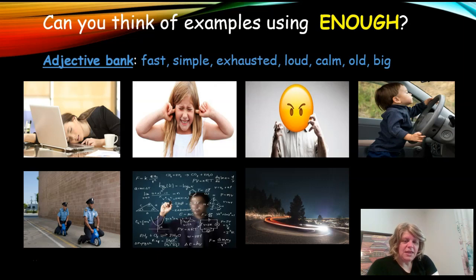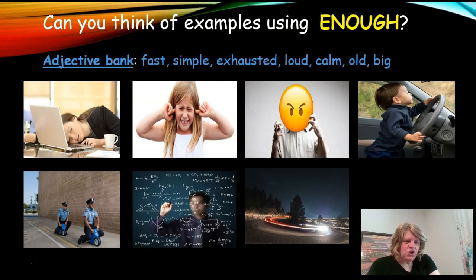Yes, we can say the music was loud enough for her to cover her ears. What about the third picture? I put the adjective calm here, so we can make it negative to convey the same meaning. He wasn't calm enough to speak. Remember in the first example we had he was too angry to say anything, or he wasn't calm enough to speak. So basically we're saying the same thing using the two different structures.